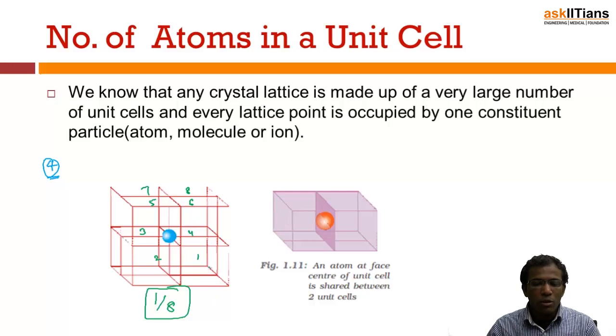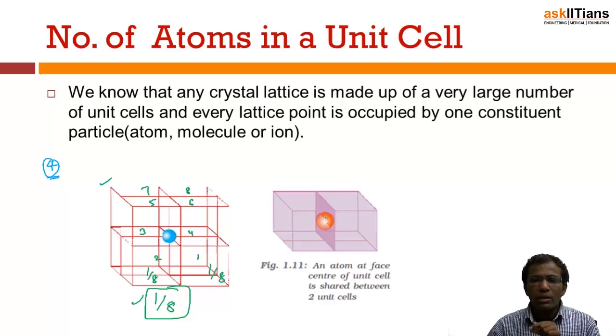Similarly, all 8 are sharing this one particle. So 1/8 is the contribution to one unit cell of a particle present at the corner. Okay, so this is done.